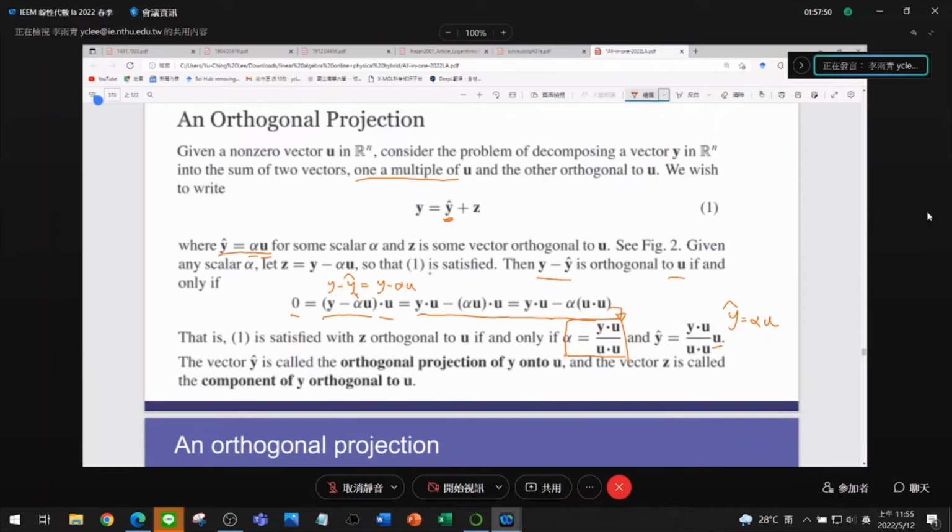So given the derived result alpha equals y dot u divided by u dot u, we can compute y hat in this formula.